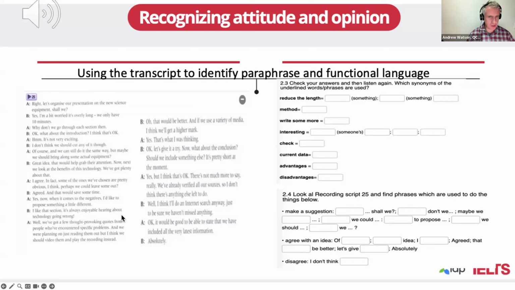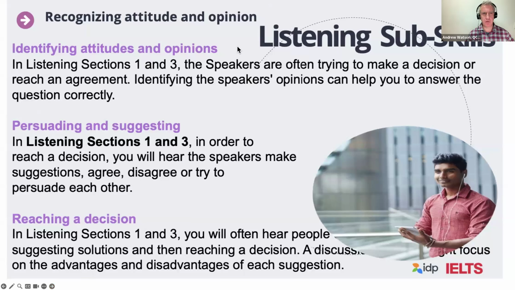Have a look through the transcript. Okay, I think that's a bit confusing, so I'm just going to move on.